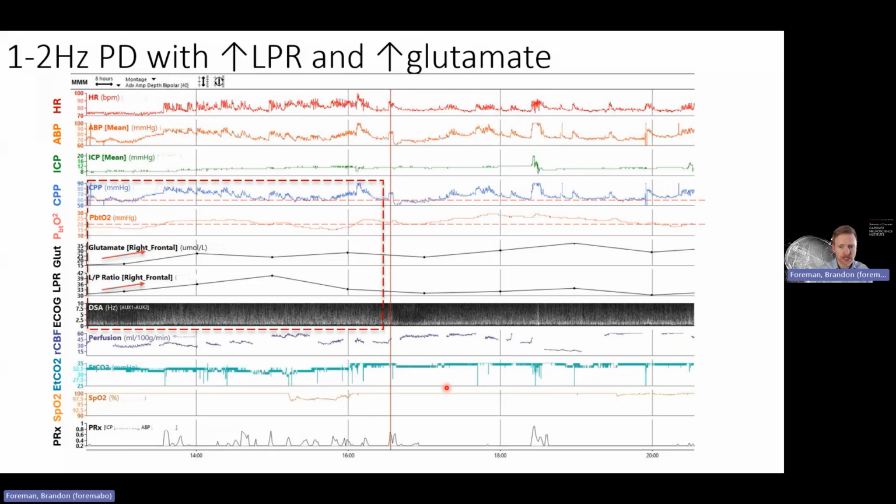And what I'll show you is that in this red box are increasing periodic discharges arising from the areas being recorded. And at the same time, you can see that the lactate to pyruvate ratio, an indicator of abnormal metabolism within the brain, increases along with glutamate, a marker of hyperexcitability.